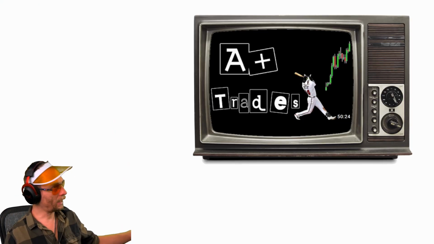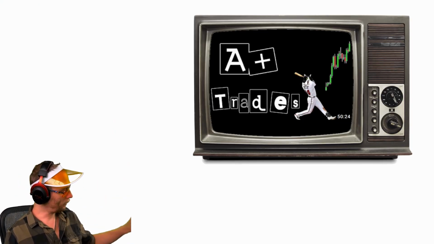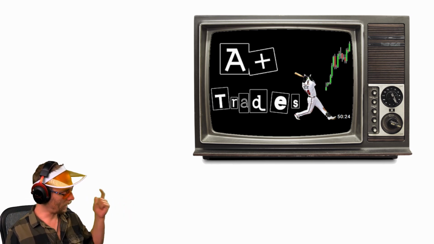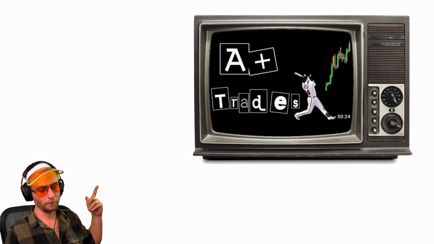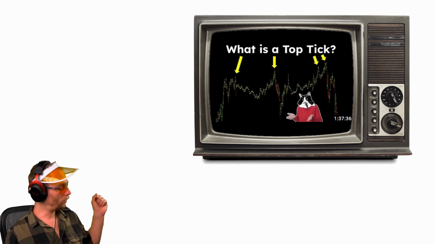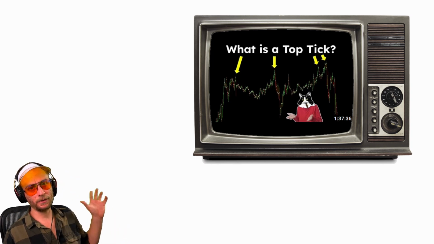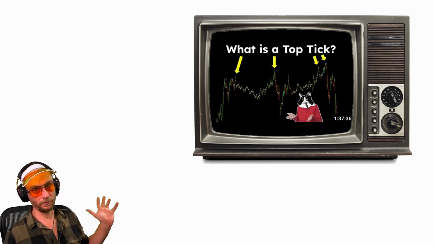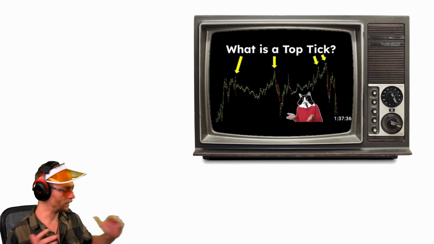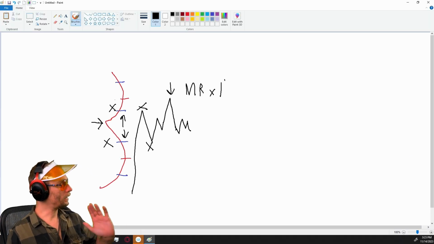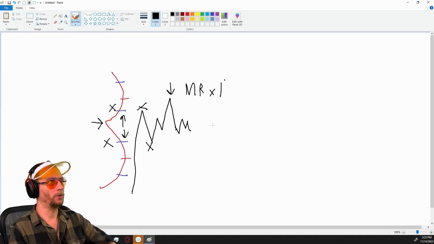If you watch the A+ video, I talk about mid-rolls in that, which is not part of the modules. And I also talk about mid-rolls in this more recent video called Top Ticks, which I think is very important to understand, because it complements that in some ways. Okay, so going back to what we're looking at, this would be a mid-roll 1.